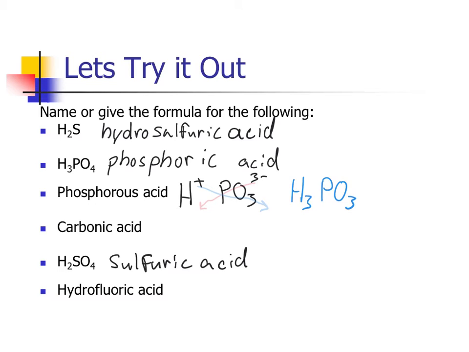Carbonic acid ends in ic. The only way we know something is icky is if we ate it. So we have carbonate. Charges don't match up, so we do the crisscross to give us H2CO3.